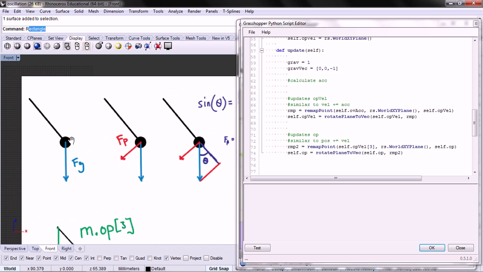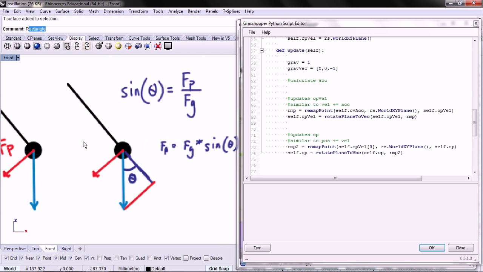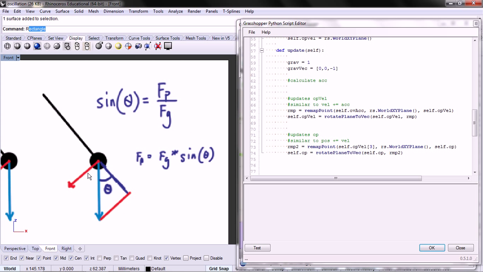So we have force of gravity, we have the OP z-axis, and we want to get the force on the pendulum. This is 90 degrees here, so all we have to do is a little bit of trigonometry, where sine is opposite over hypotenuse.